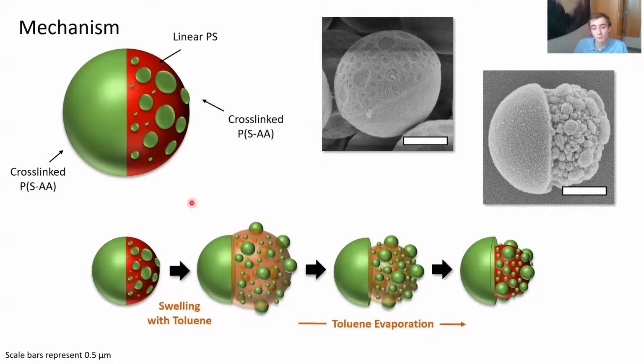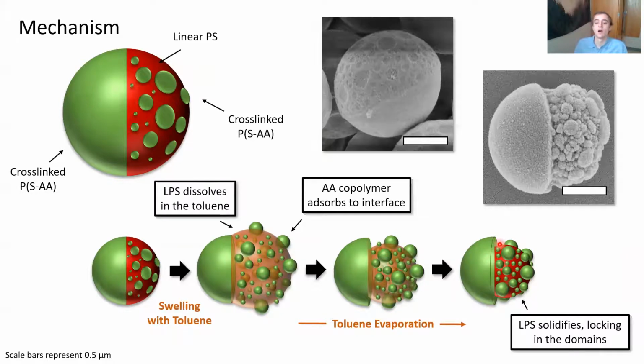Because of the hydrophilic properties of these acrylic acid domains, they adhere to the interface of this emulsion droplet, and they stay there as the toluene evaporates. Eventually the toluene becomes saturated with linear polystyrene, and it solidifies. We end up gluing these domains together at the surface and ending up with this jellyfish particle.